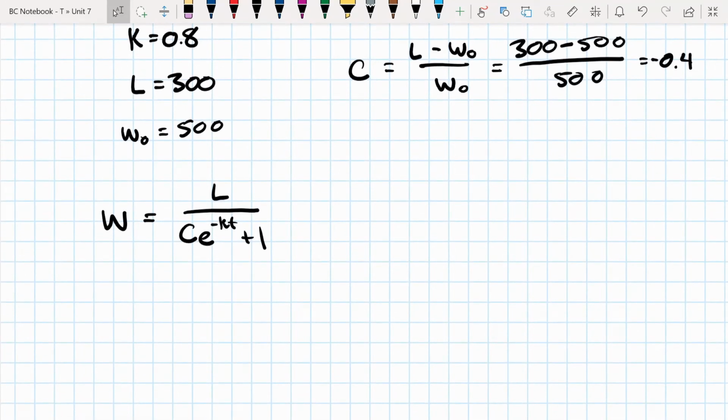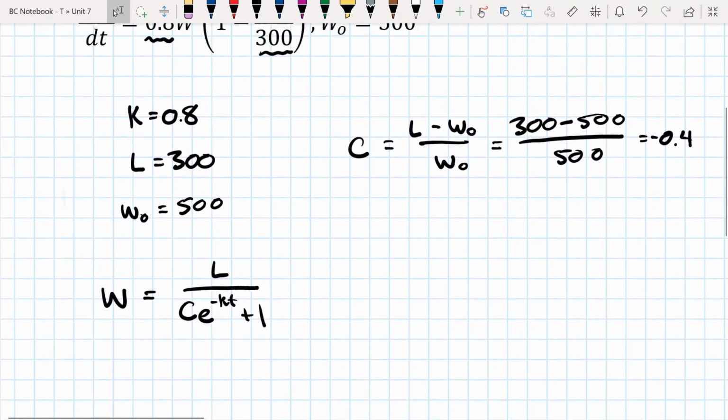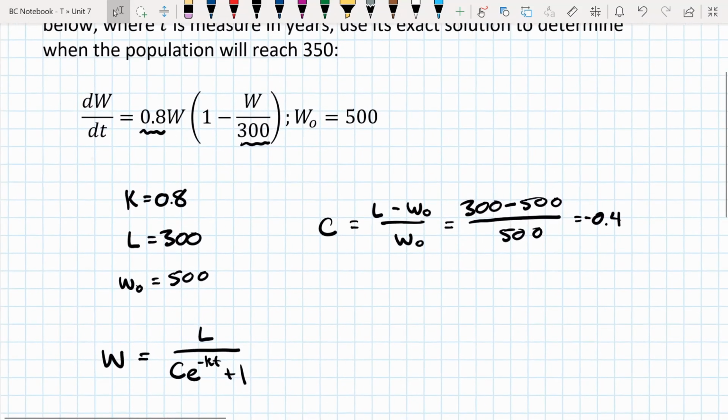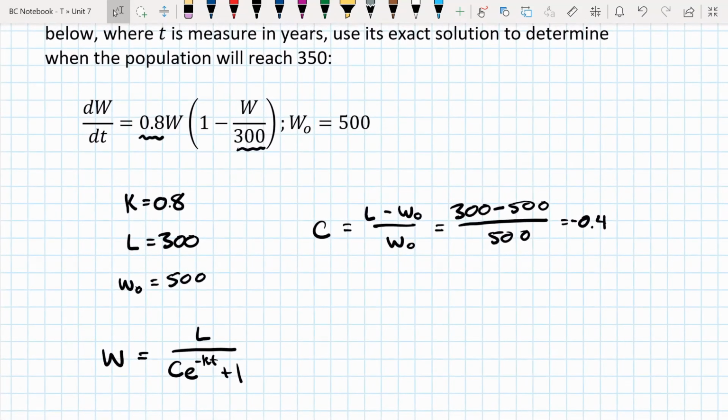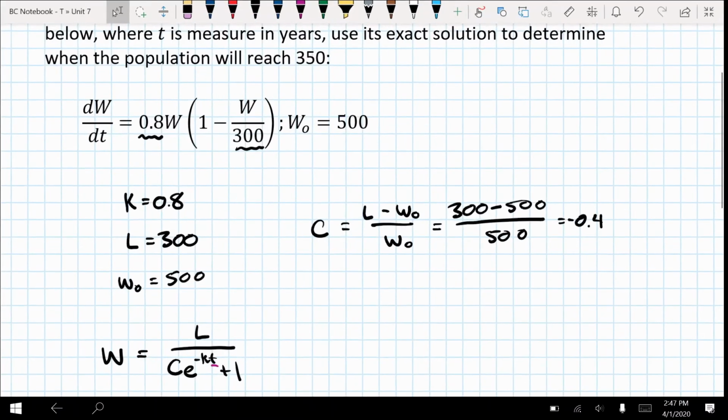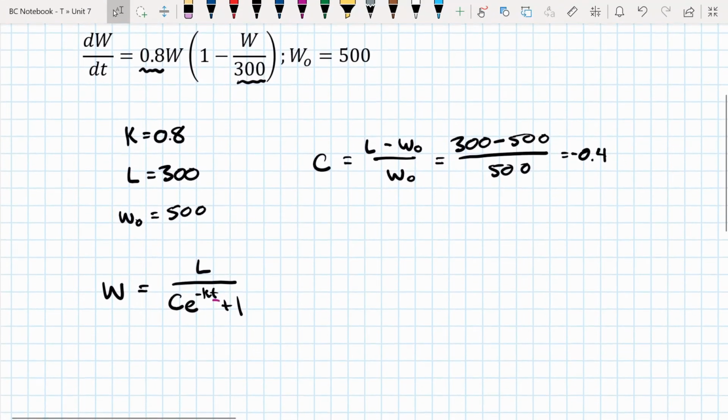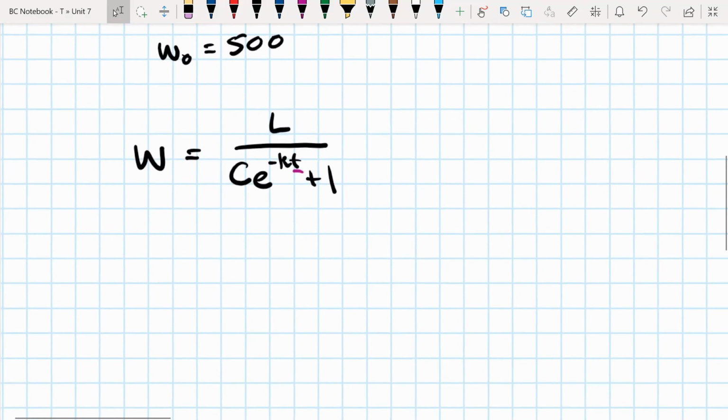So we have a couple things here. We want to figure out the time t it takes for the initial population to reach 350. So 350 is going to be our final population here.